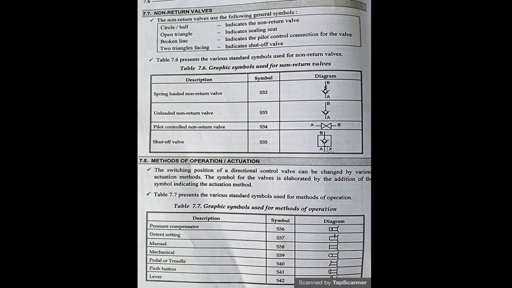Also the connections: pressurized fluid enters into another chamber. And the component representation, meaning how the component will look, whether it is a motor or a pump. Likewise, many representations will be done.